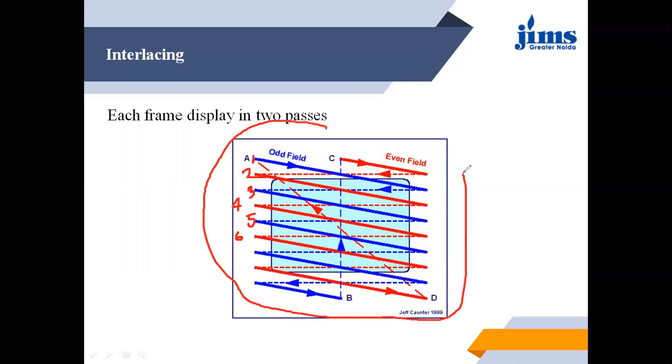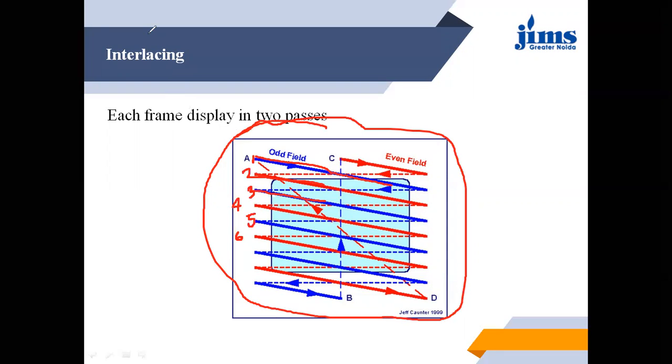Means the phosphorus coated screen is not displayed completely scan line by scan line, but in the first half it displays all the odd fields, all the odd scan lines, then in the second part all the even scan lines are going to be displayed.